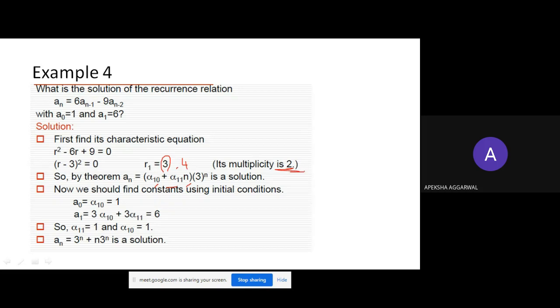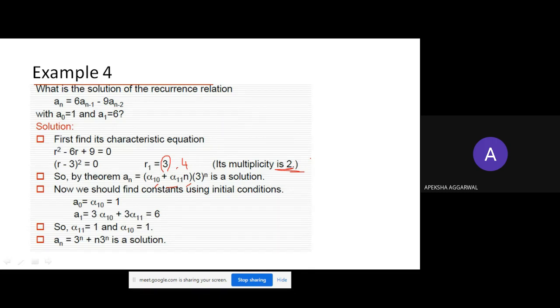Okay, clear? If the roots were 3 comma 4, then no need to do this. What you will do is a1 3 plus a2 4, some constants: a1 3 to the power n plus a2 4 to the power n. That you have done. Right now you were having only 3.